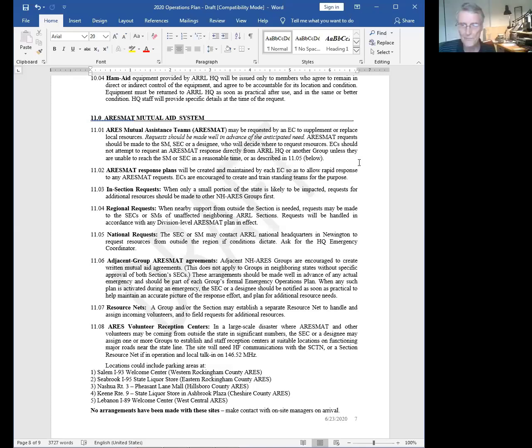Yeah. And I didn't mention that when you shared about the served agencies, but the reason why there were some changes in your plan was because the actual MOU signer has changed too. It used to be out of the State Emergency Management. Now it's out of Department of Safety, Office of Emergency Communications.